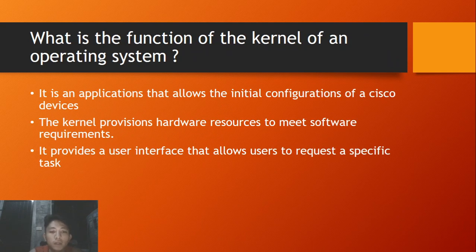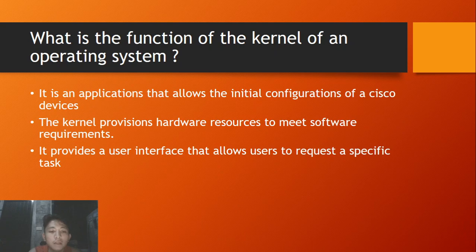The next one is: what is the function of the kernel of an operating system? Here are the choices. First, it is an application that allows the initial configuration of a Cisco device. The second is the kernel provisions hardware resources to meet software requirements.